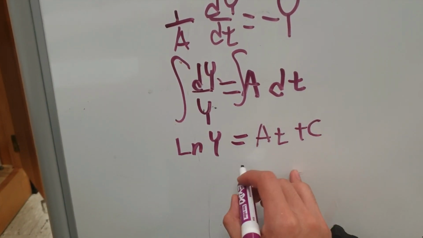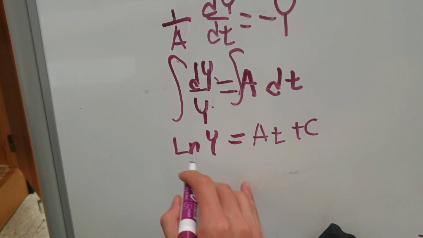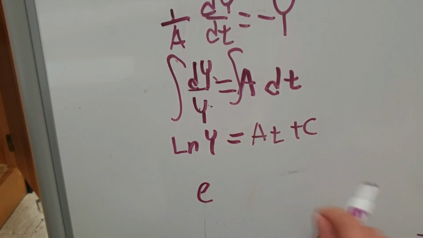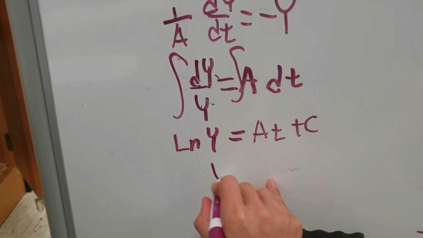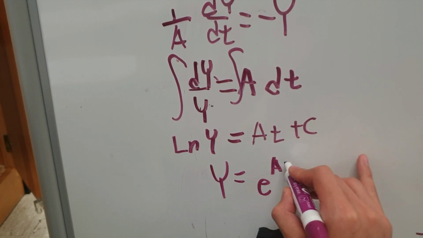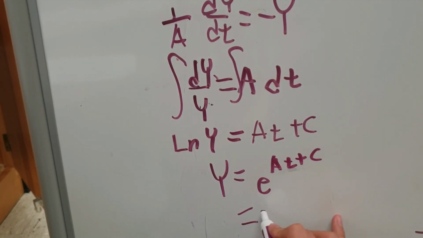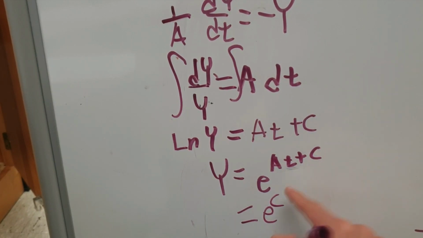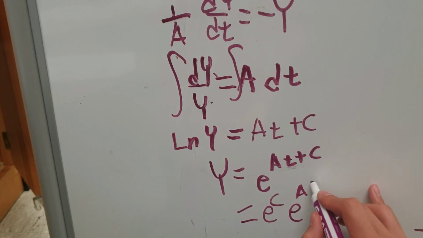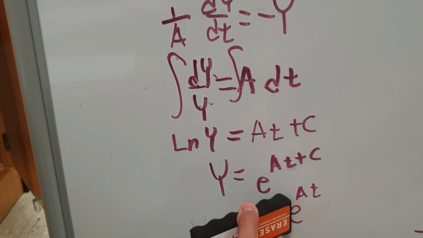Then we can put the e so that the ln goes away, but it is now e to the power of at plus c. Because of the rule, we can isolate this c out, so e to the power of c times e to the power of at, and this itself is just going to be another c, because it's an unknown constant.